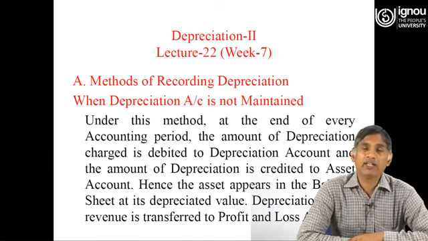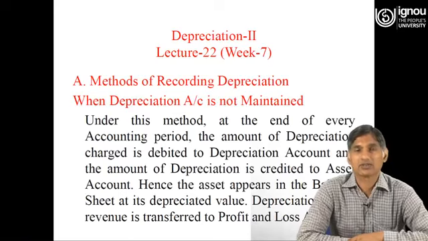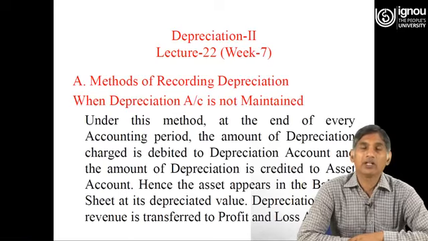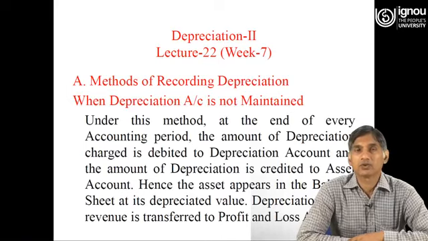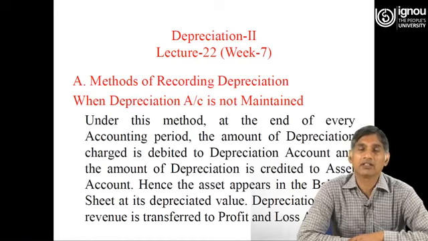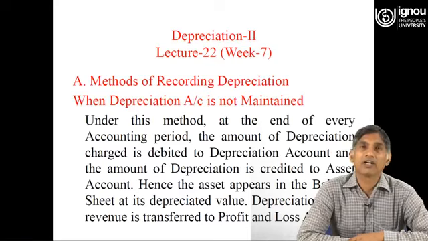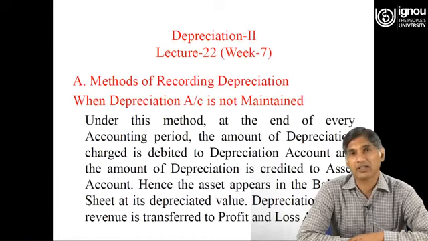So, we make the entry depreciation account debit to assets. Accordingly, when we post it into the ledger, in the depreciation account, we will write it in the debit side, depreciation to asset, and in the asset account, we will write it in the credit side, by depreciation.